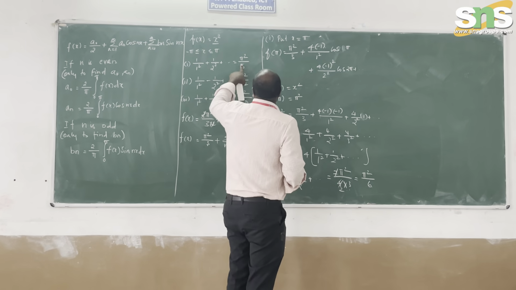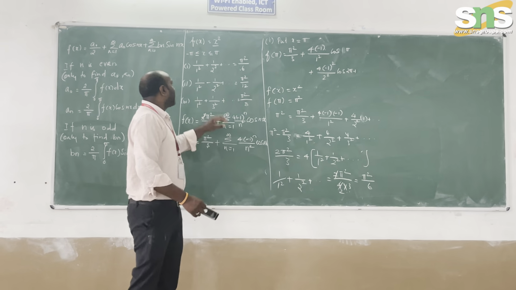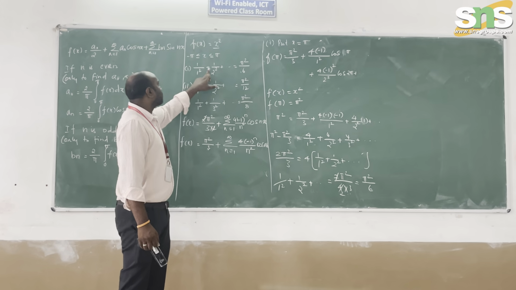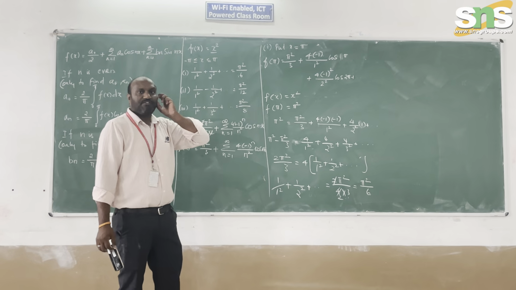So the first one we have to prove: 1/1² plus 1/2² plus and so on equals π²/6. That is the first proof.